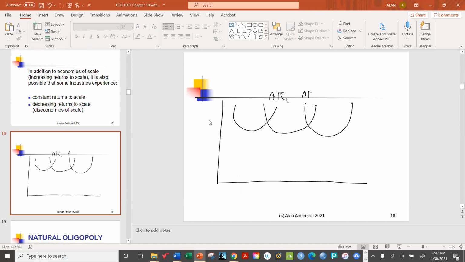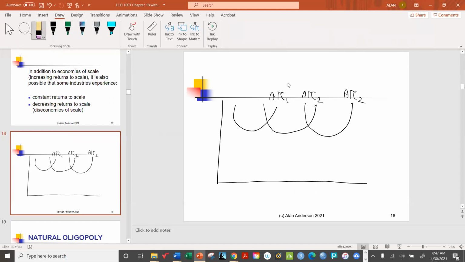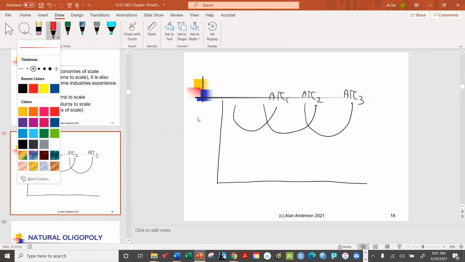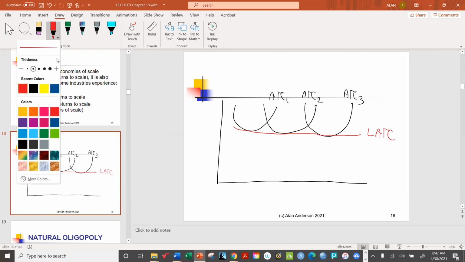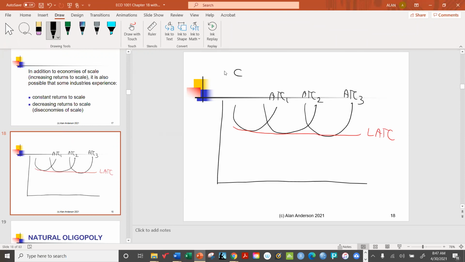And if you notice, they're pretty much all the same, except that ATC3 represents more output than ATC2, which in turn represents more output than ATC1. And so if you connect these, you're just going to get a flat line, basically. So this is your long-run average total cost curve, and this represents constant returns to scale.